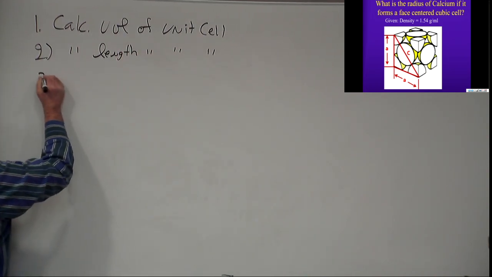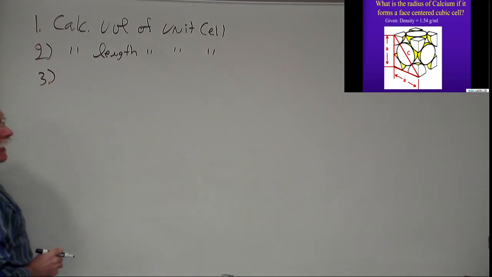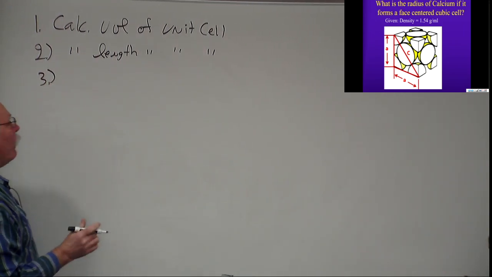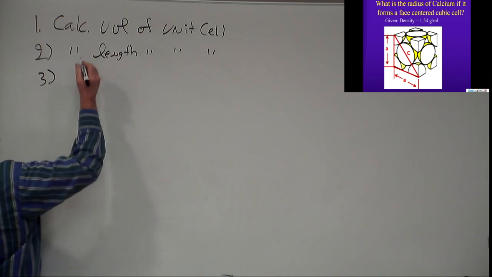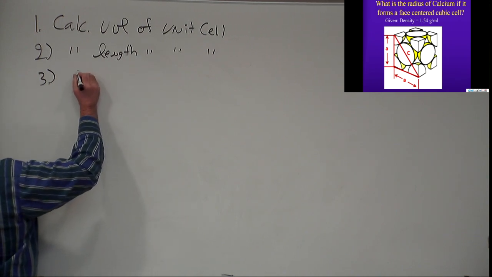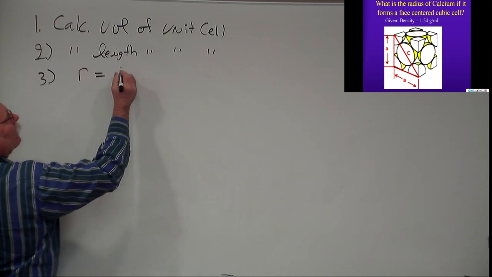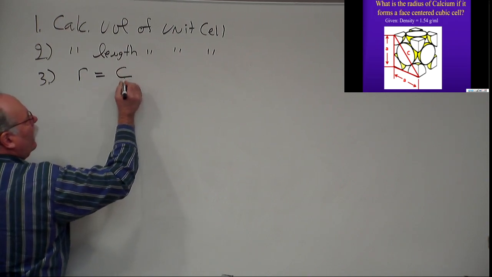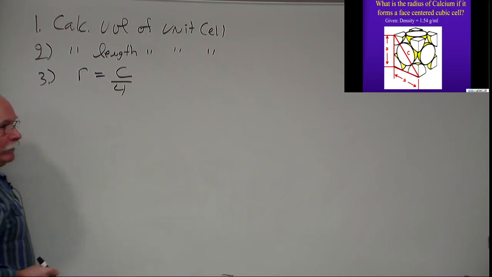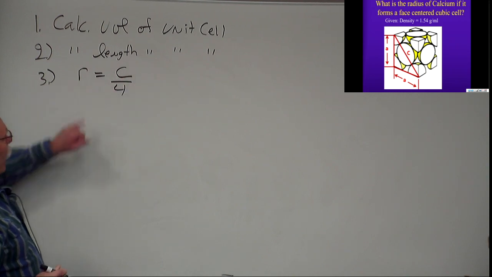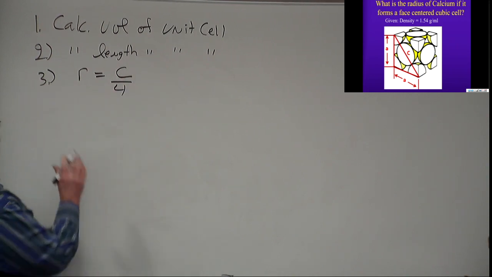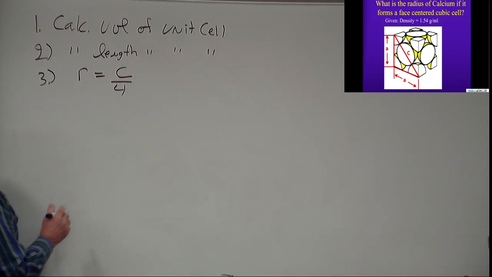Once we know the length, we need to calculate the diagonal across a face. That is, we need to know that the radius is equal to the diagonal divided by 4. That is, C is 4R. Okay? So let's first calculate the volume.